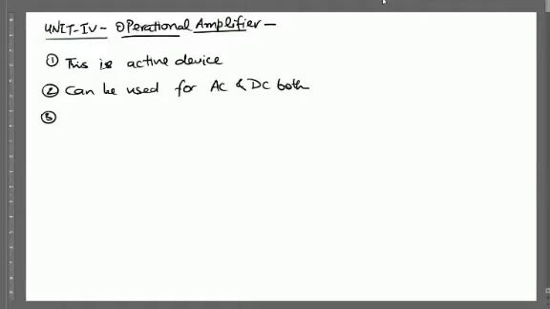And if we talk about the characteristics, this is made up of a combination of BJTs.